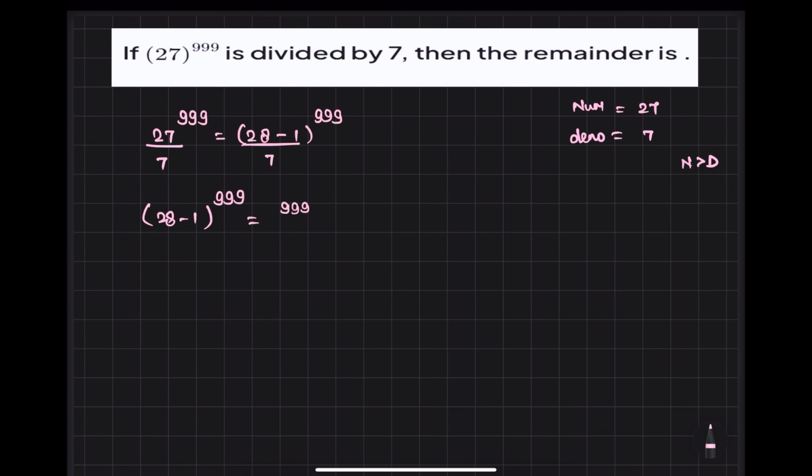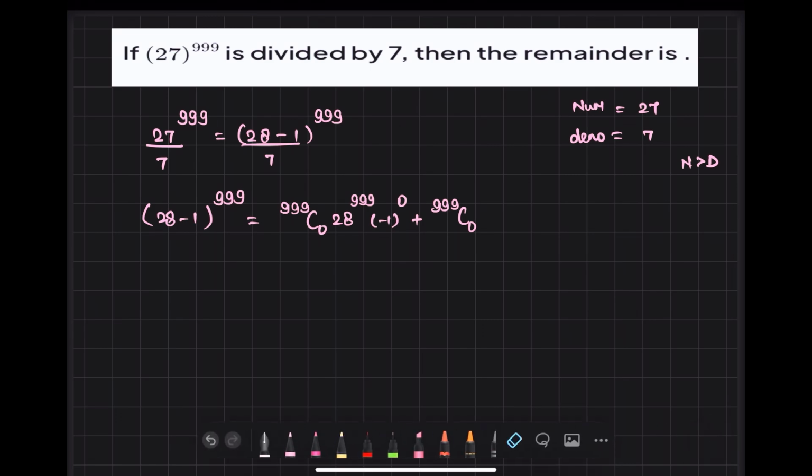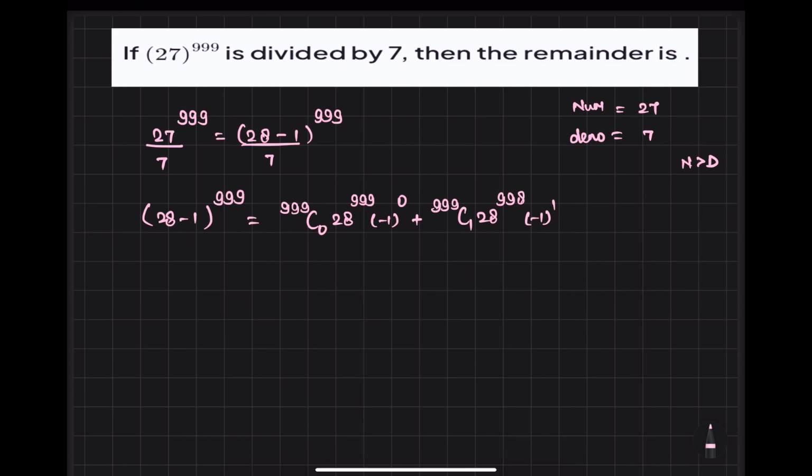So triple nine C 0, we will have 28 power triple nine and minus 1 power 0, plus triple nine C 0, sorry, this time the lower subscript of C will be 1. So 999 C 1, 28 power 998 and minus 1 power 1, correct, and this will keep on going.